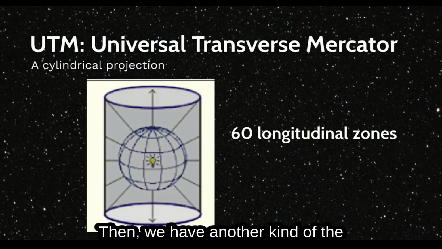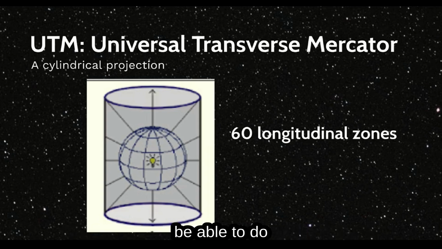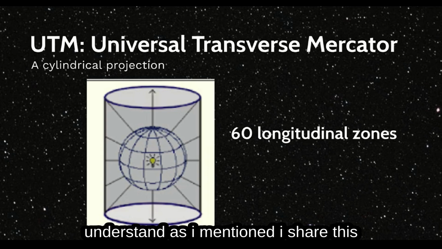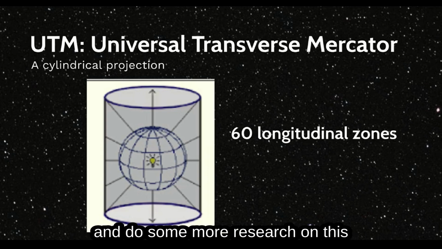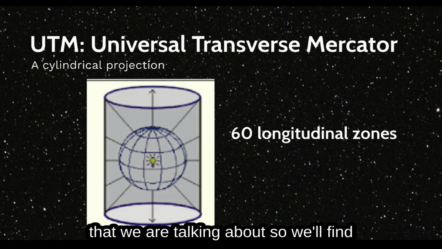Then we have another kind of representation of the same concept. As I mentioned, I'll share this presentation so you can look further and do some more research on this. There are different representations of these systems that we're talking about.